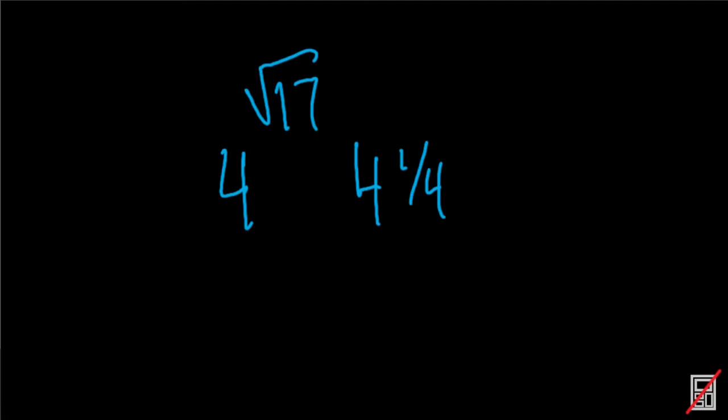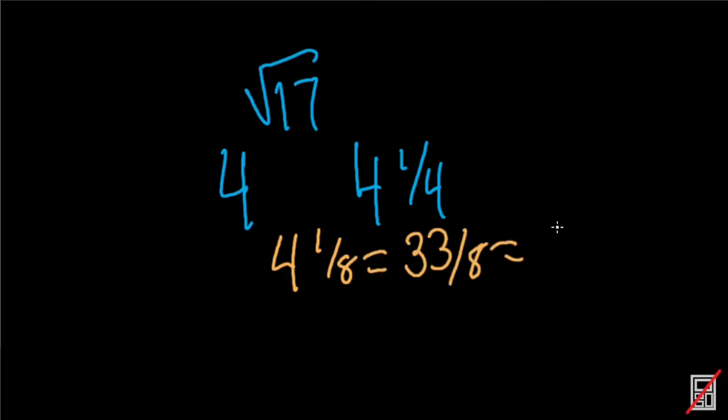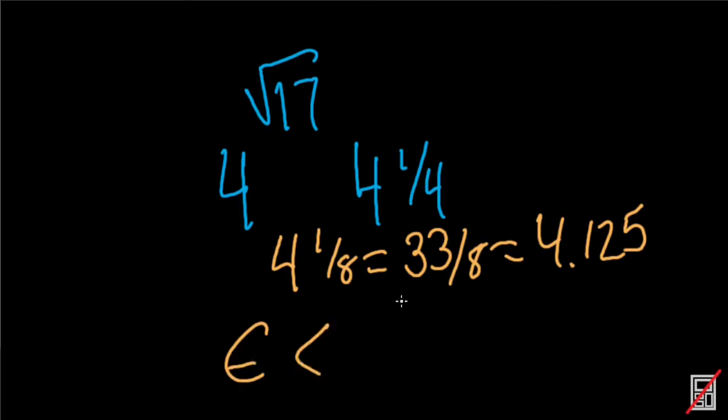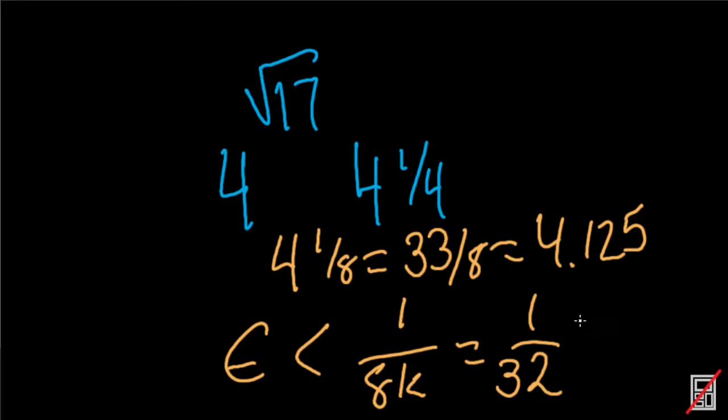We take the average again, being 4 1/8, or 33/8, or 4.125, and we get that this error is going to be less than 1 over 8k, which k will be 4 here. It's less than 1/32nd, which is equal to 0.03125.